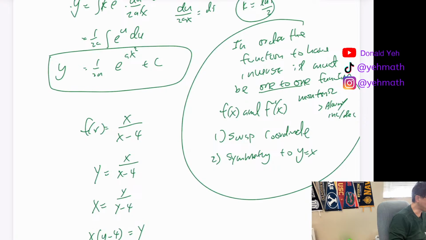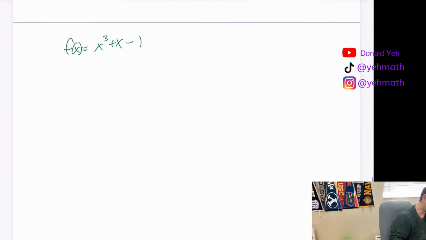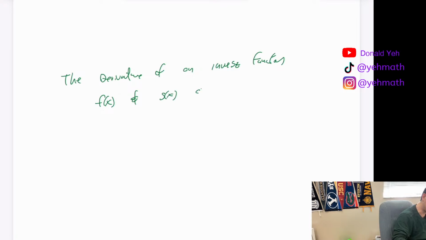So now let's talk about the derivative. This is the formula. You just have to memorize it. The derivative of an inverse function: let's say f of x and g of x, where g of x is the inverse of f of x.